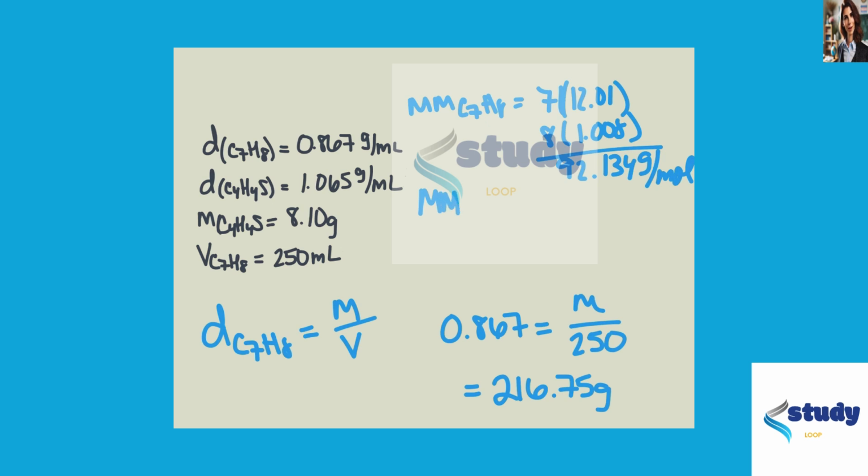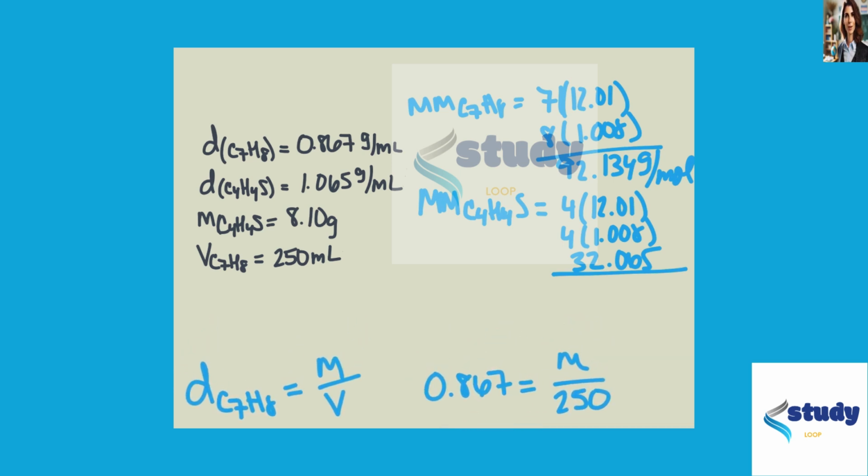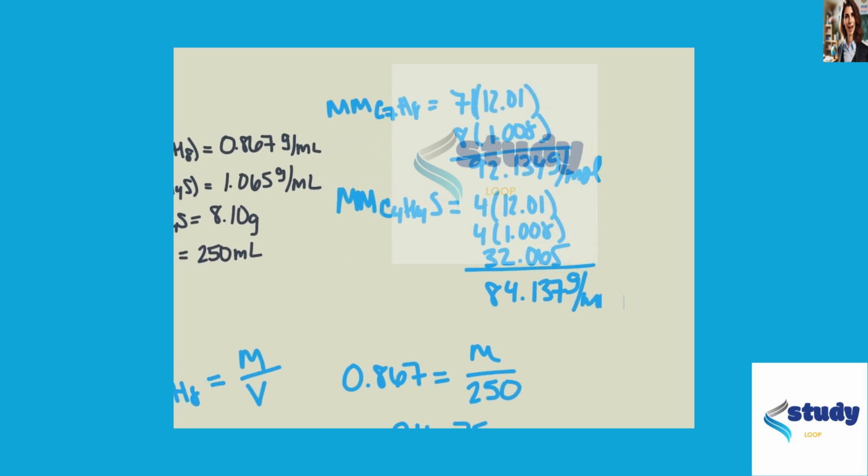And then our molar mass of C4H4S is going to be 4 times 12.01 plus 4 times 1.008 plus sulfur, which is 32.065, and we get a total of 84.137 grams per mole. Those numbers are going to be valuable in just a second.